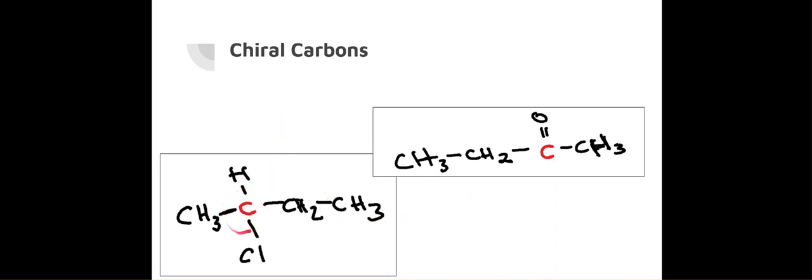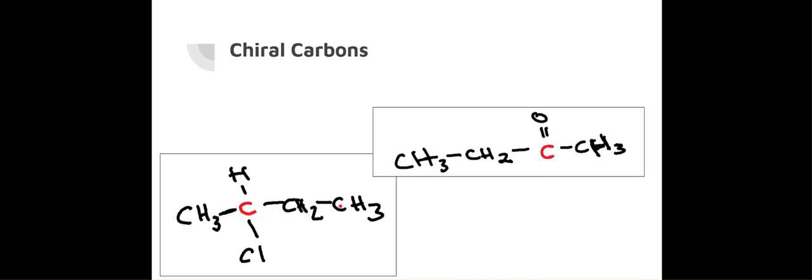Again, here's another example of a chiral carbon. It's got a methyl group, a hydrogen, a chlorine, and an ethyl group. These are all 4 different, therefore this carbon is chiral. This one is not, because it's got 3 hydrogens. This one's got 2 hydrogens, and this one's got 3 hydrogens.